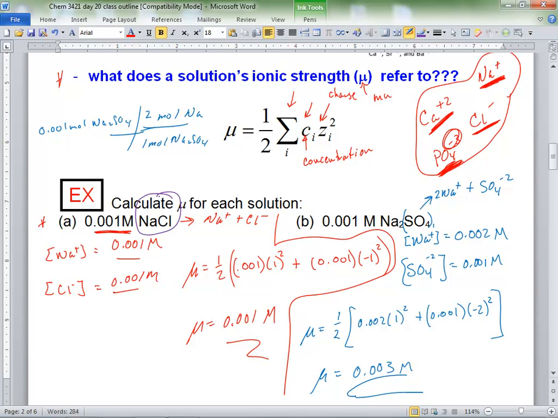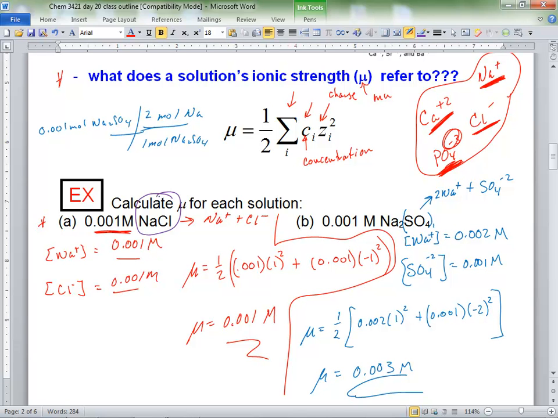I know the +1 and -1 work. What I'm trying to do is make a generalization of going from the concentration of the stuff and jumping right to this. I'm pretty sure it only works for +1 and -1, 1-to-1 salts. So you really don't need to go through all this if it's a +1, -1, 1-to-1 salt. You know its concentration. It's completely soluble. Boom. You know its ionic strength.